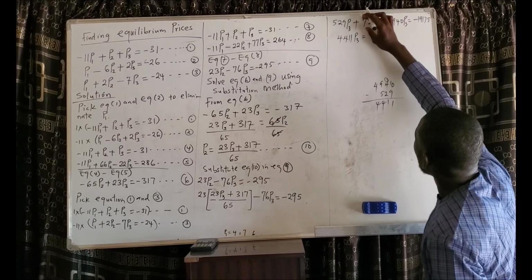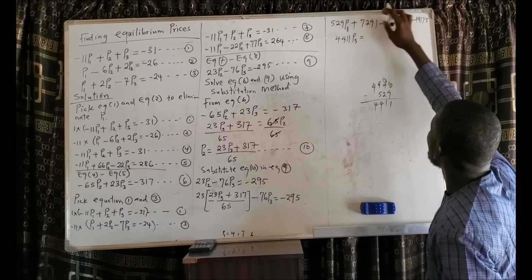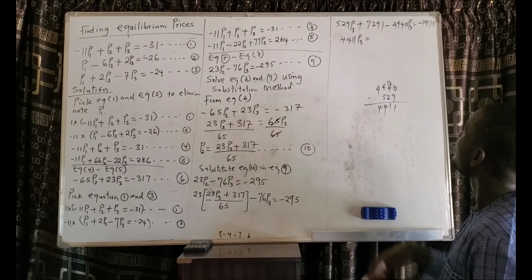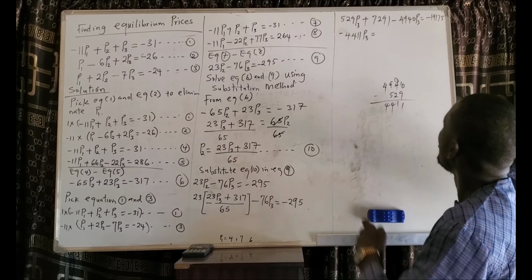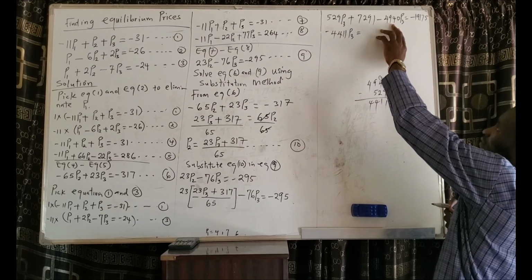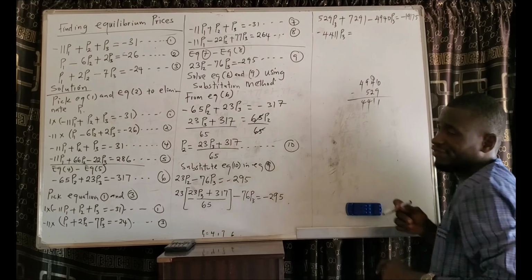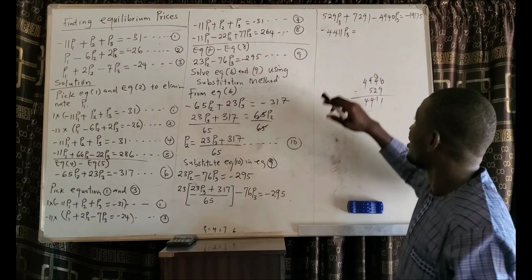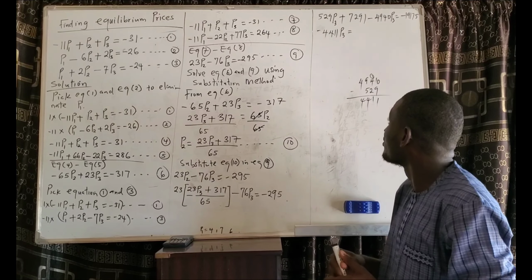this one is positive. Crossing this side, it will change to negative. This one is negative because 4,940 is bigger than 529. If you subtract the two of them, the result will be negative.